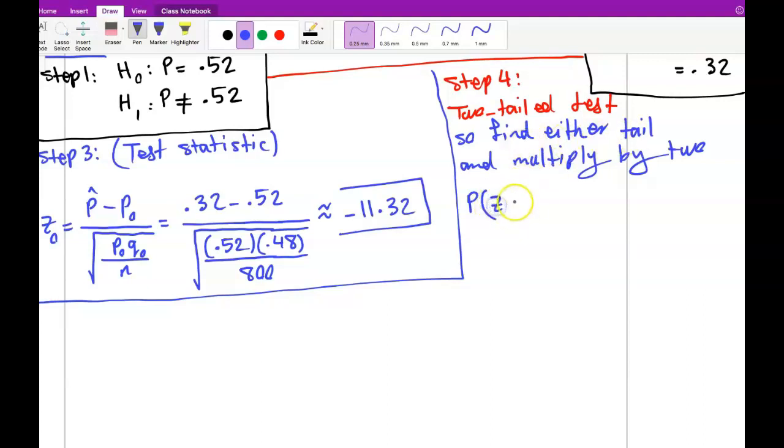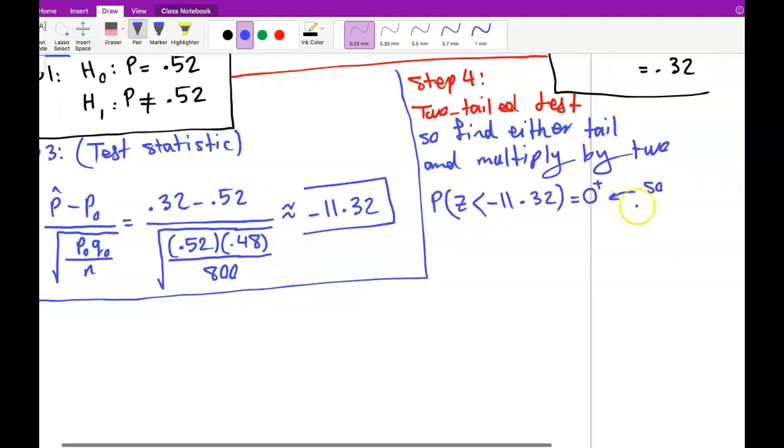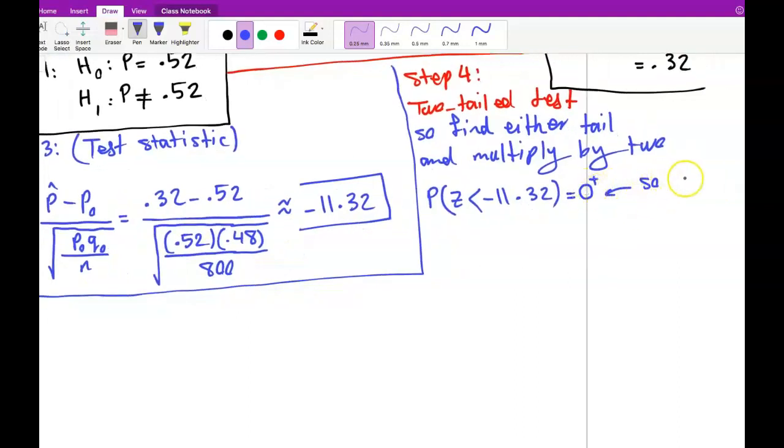So here I'm trying z less than negative 11.32, so this is the left tail, and that is equal to 0. Why am I using 0 plus? Because this number is so small, so close to 0.